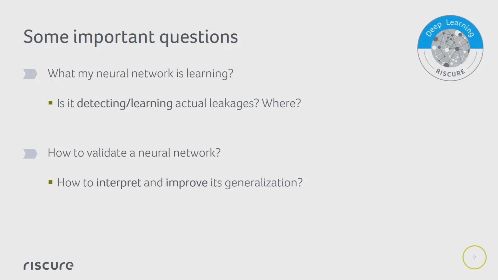When you do that, what you want to understand, in terms of model assessment, is what exactly my network is learning from the data. I want to understand if the neural network is trained to learn actual leakage from data and not some noise or something random, because it's very common nowadays in the community that a neural network has the capacity of learning any data.